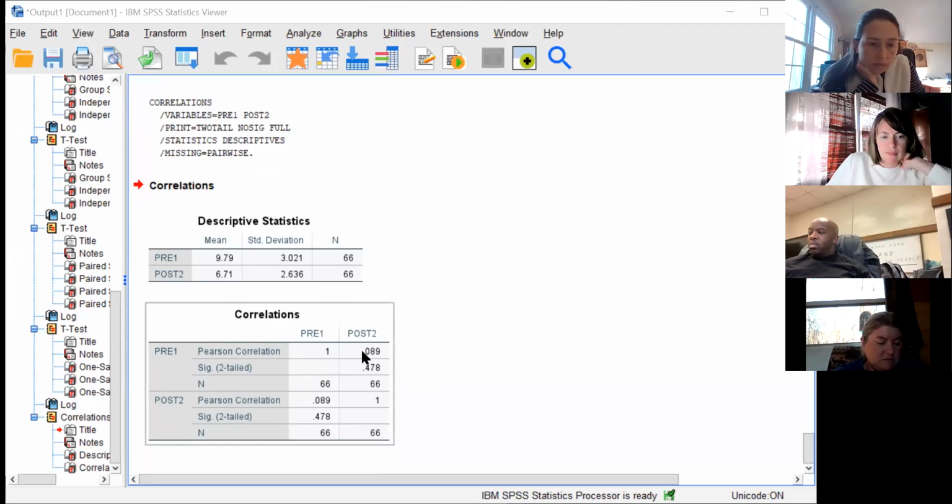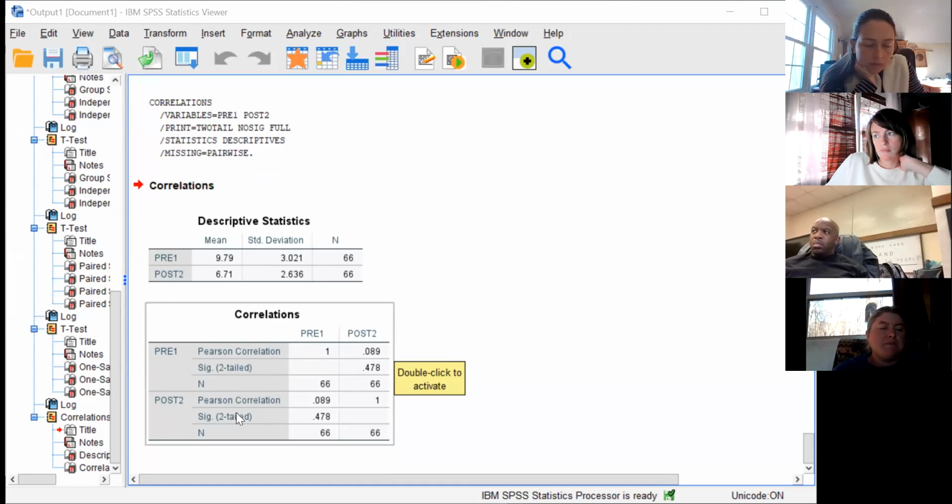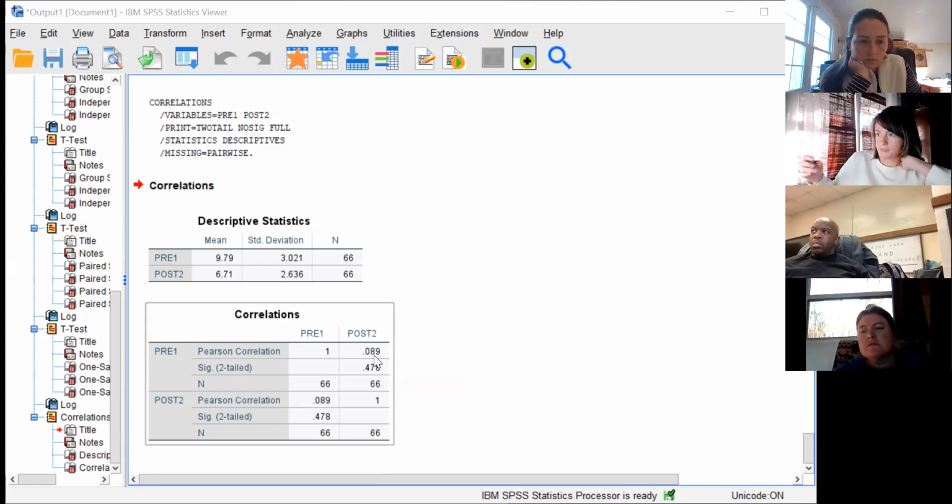The Pearson product moment correlation to post 2 has an R value of 0.089, just like in the other set. But now we have a significance level of 0.478, just like in the other set. So it turns out that they're not significantly correlated anyhow.